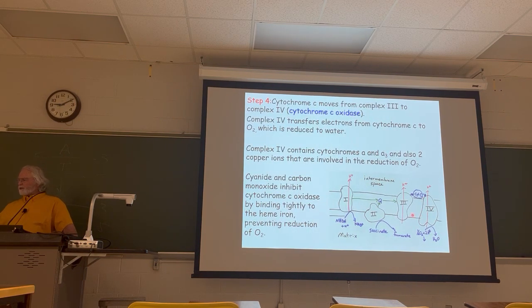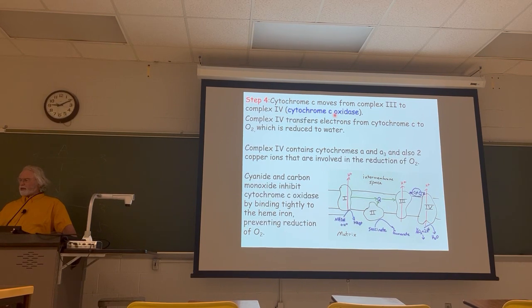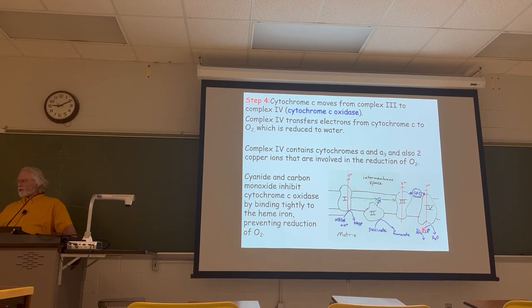Complex 4 has another name, cytochrome C oxidase. So it's going to oxidize cytochrome C, and in the process, those electrons are transferred to oxygen to make water.